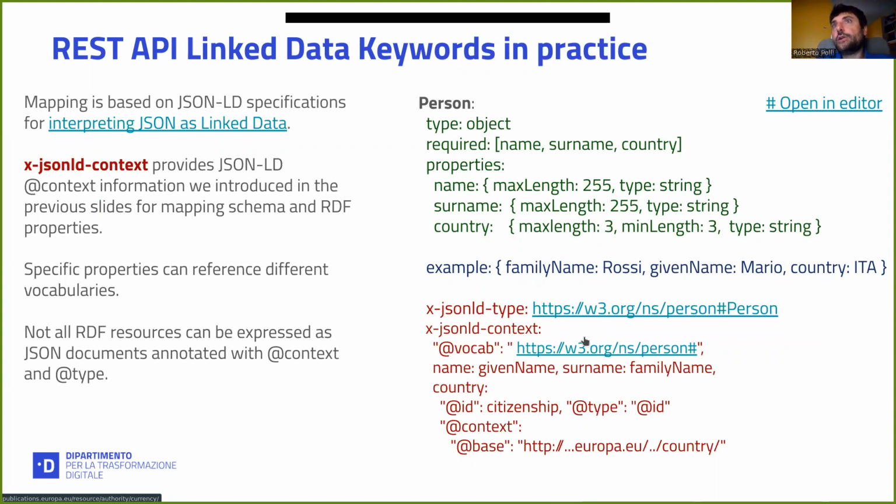Mapping is based on JSON-LD specification for interpreting JSON as resource description framework resources. The X JSON-LD context here provides the context information we saw before for mapping JSON properties to RDF properties. Here we're mapping the name JSON schema property to the given name person property, and the surname to the family name.